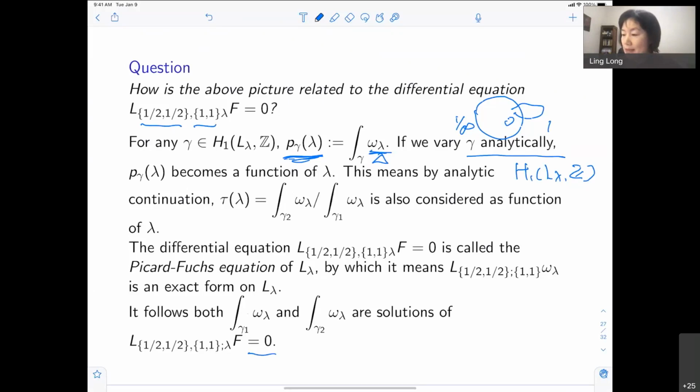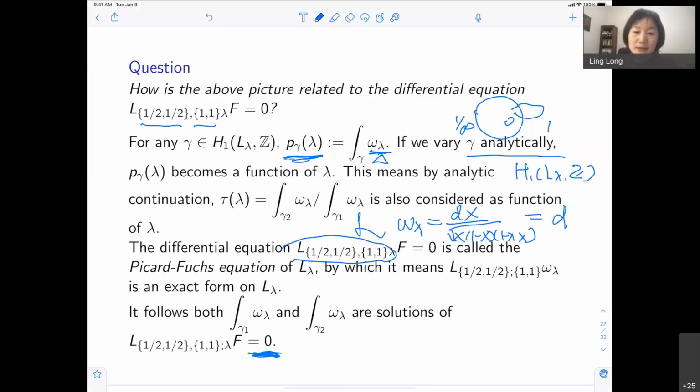And for our case, essentially, the Picard-Fuchs equation will annihilate the differential omega lambda, which is dx over the square root of x(1 minus x)(1 minus lambda x). Applying the differential operator, what you will see is you get an exact form. So you get something which is exact. So then when you're taking an integral around any closed loop, because this is an exact form, what you get is 0.